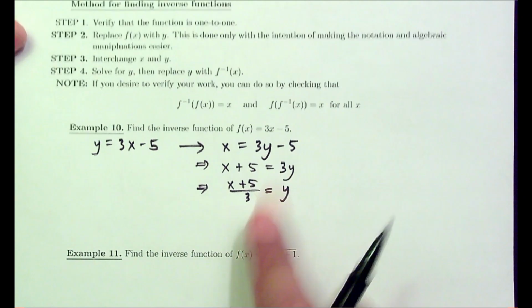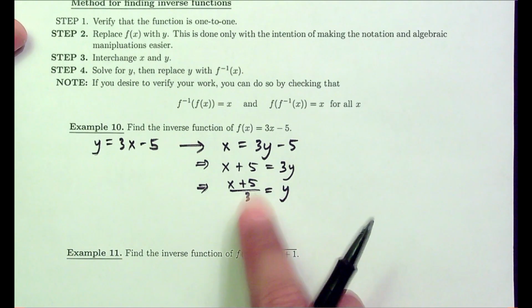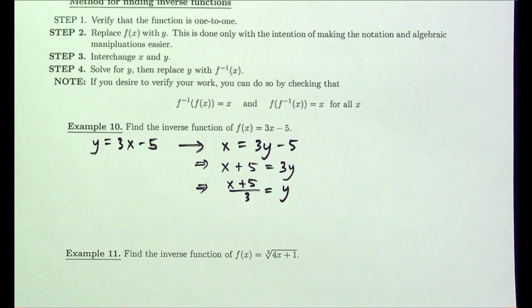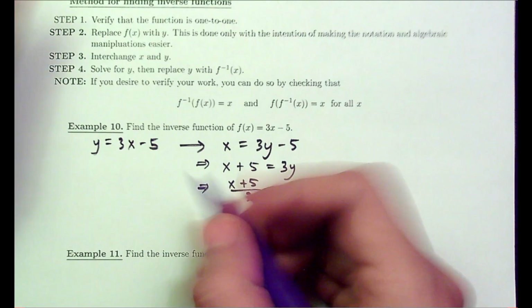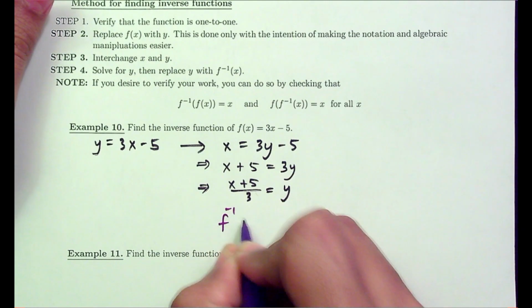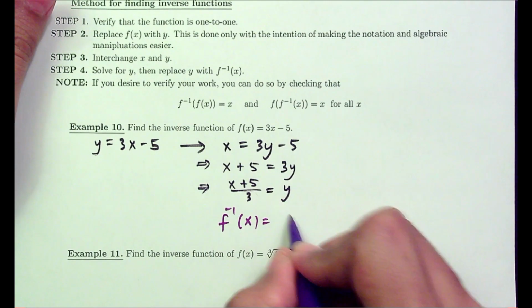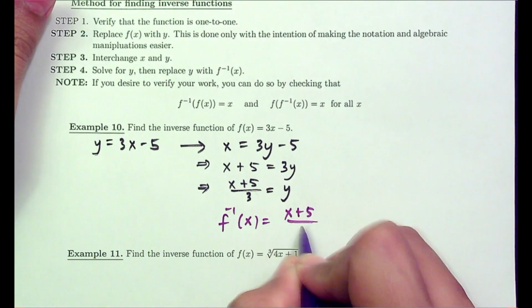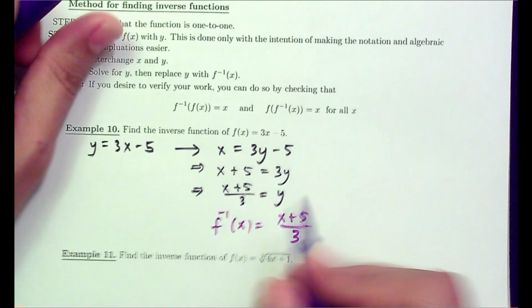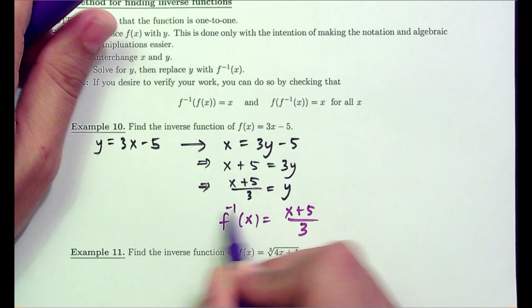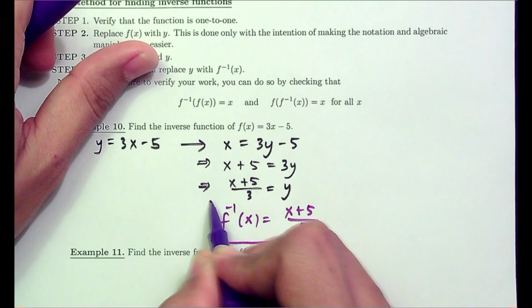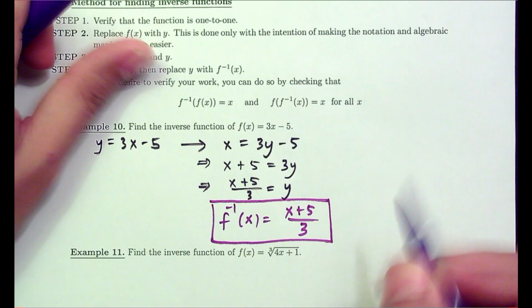So this thing that I found here is my formula for the f inverse. Then we can write down the answer: f inverse of x equals x plus 5 over 3. Okay, and that's it.